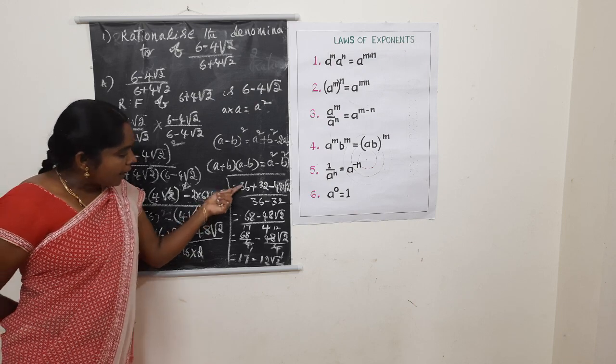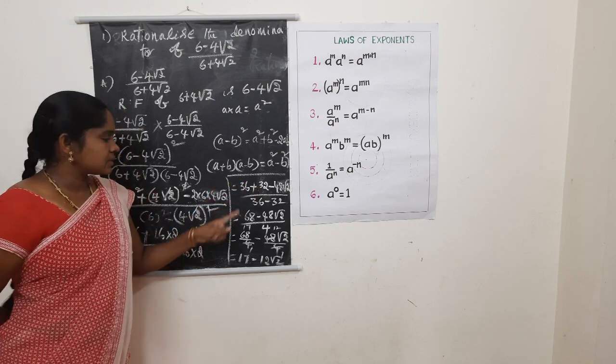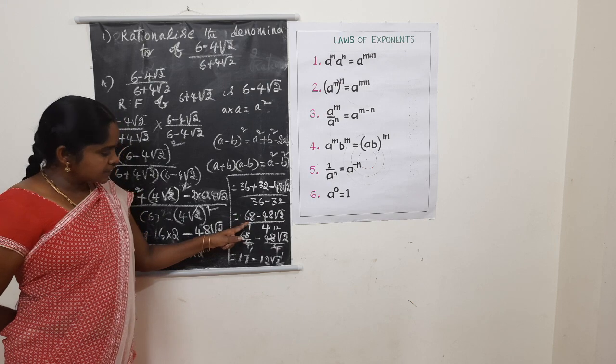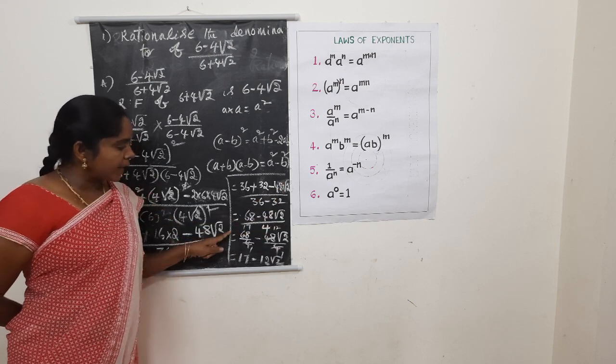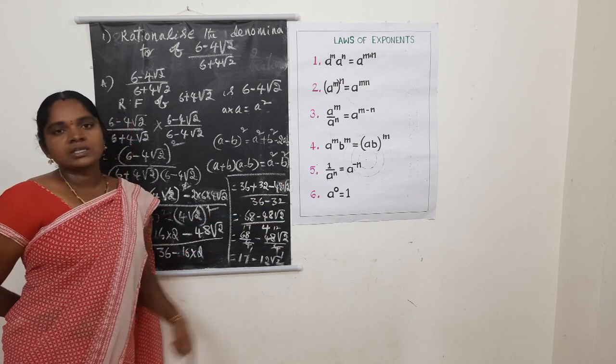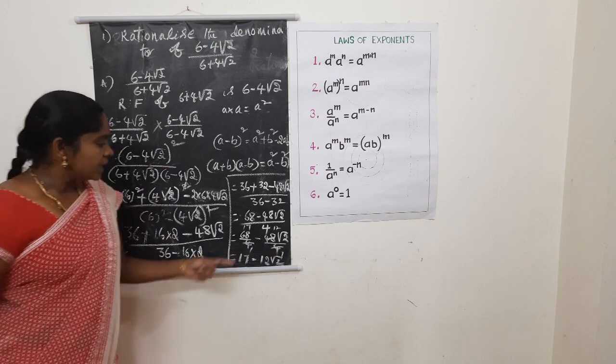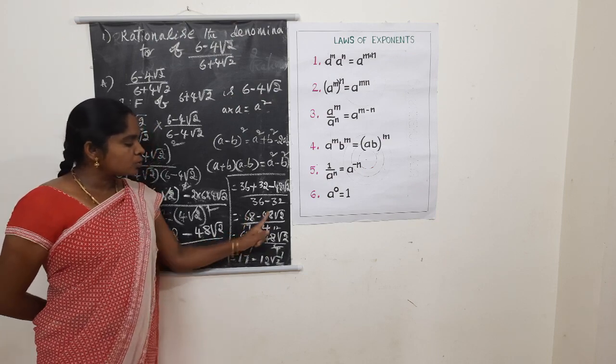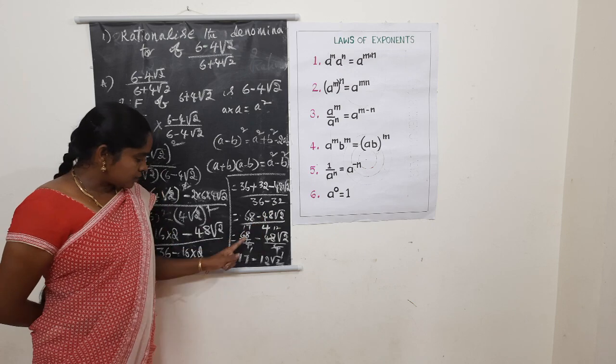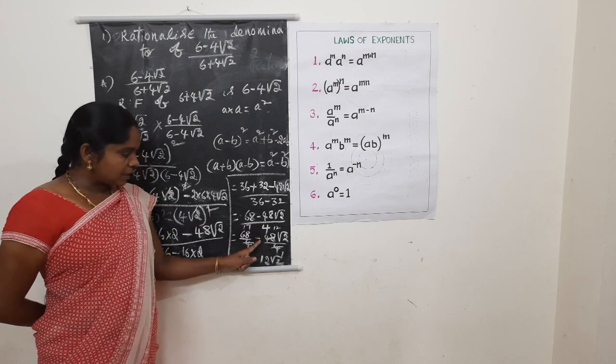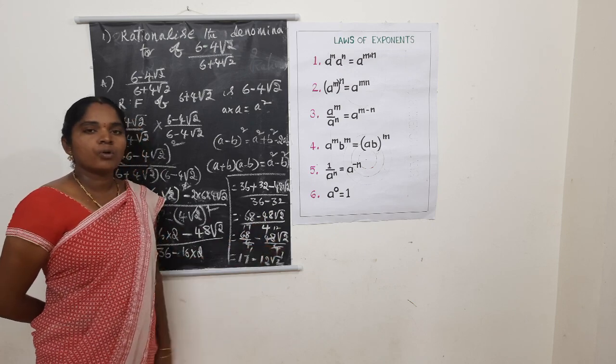So we can add these two rational numbers. 36 plus 32 is 68 minus 48 root 2 by 36 minus 32, value is 4. This denominator belongs to both numbers. So 68 by 4 minus 48 root 2 by 4.